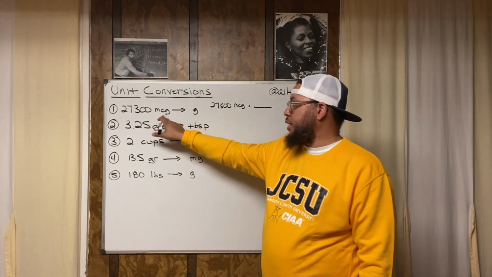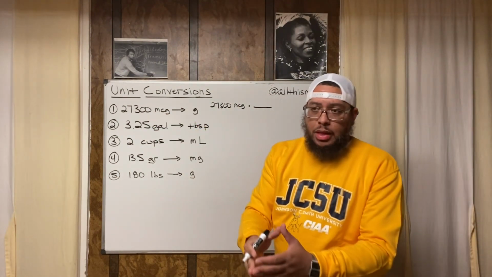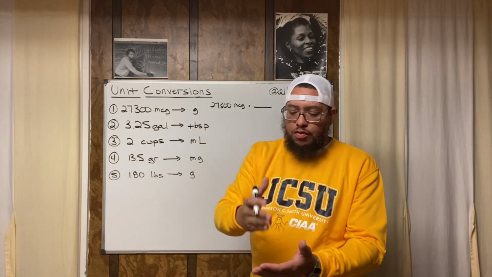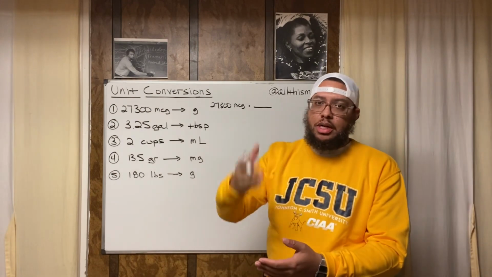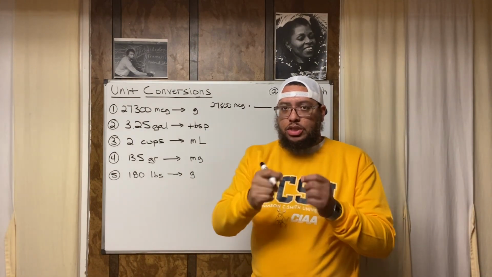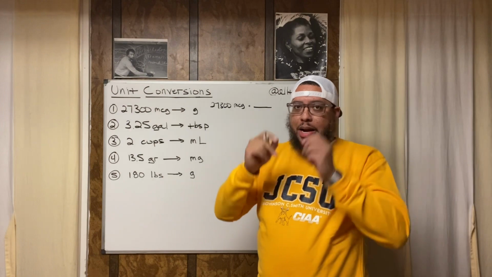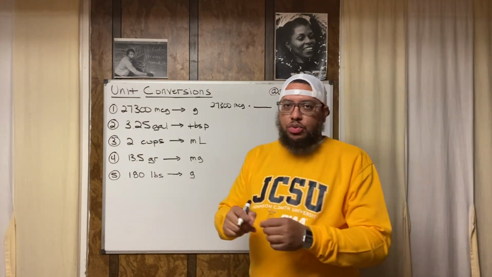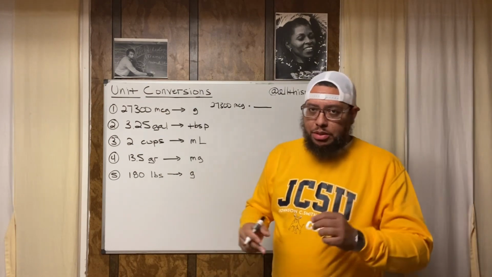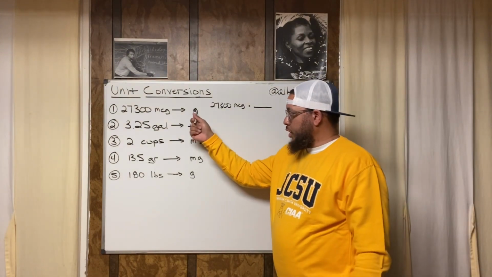What this represents is if you took a gram and somehow divided it up into 1,000,000 equal pieces, each of those pieces would be a microgram. 1,000,000 of them is equivalent to 1 of these.